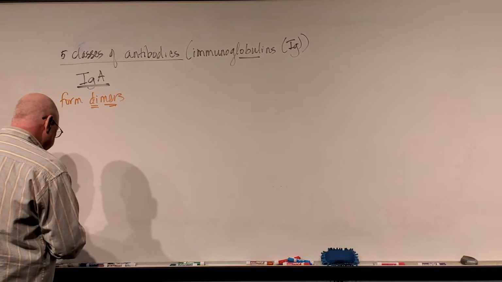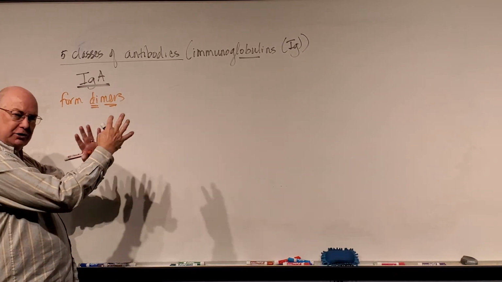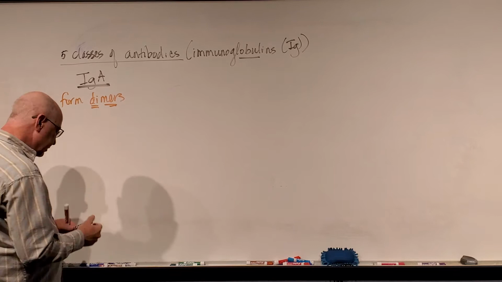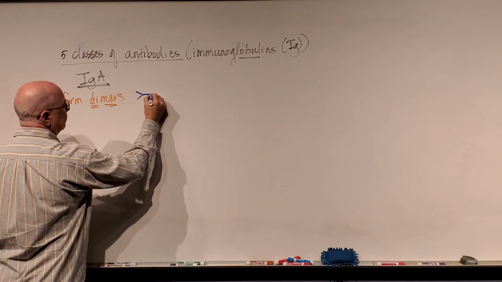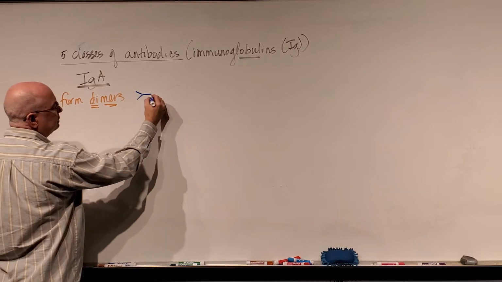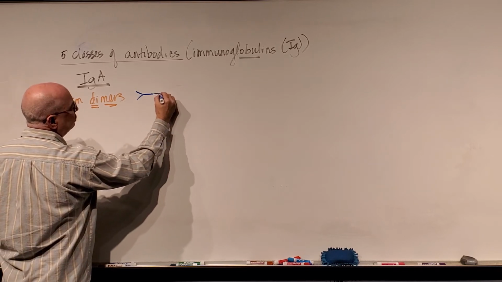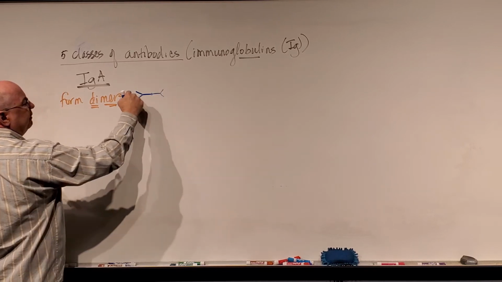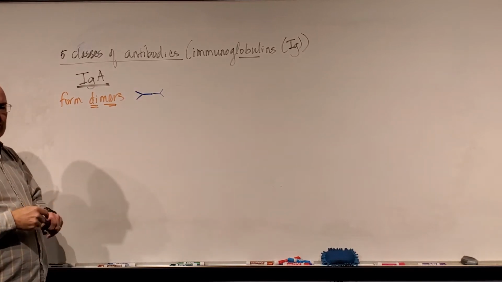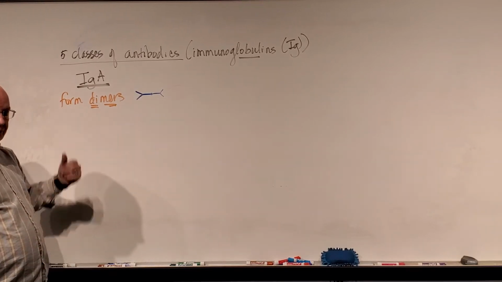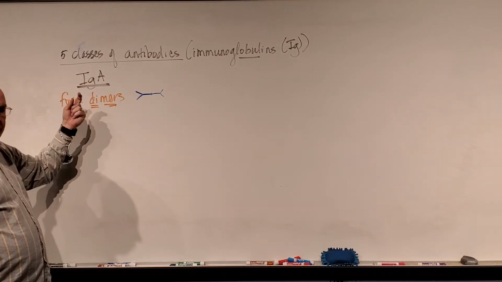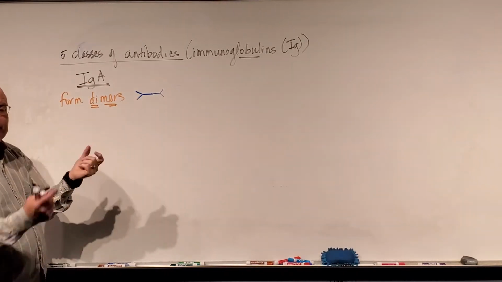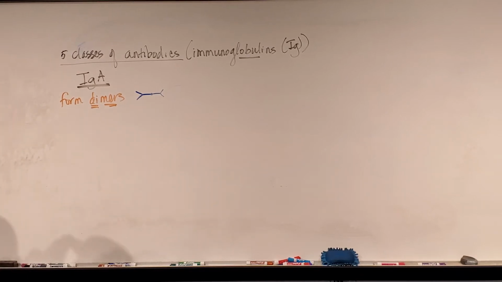So when these antibodies are formed, I'm not going to draw all 4 chains, but suffice it to say that the effector region or the constant region of one binds to the constant region of another, and then they can have 4 variable regions for a specific immunoglobulin. So IgA forms dimers, 2 antibodies stuck together.